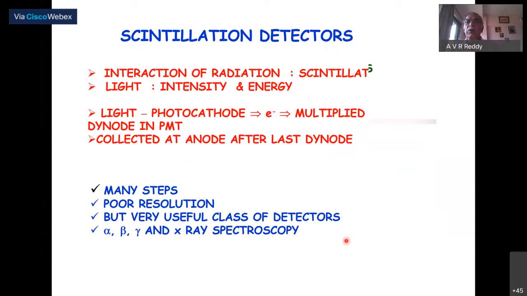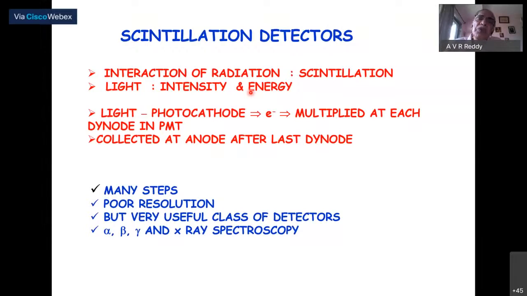Okay, so this is what I explained. Interaction of radiation creates scintillations, and that light intensity gives information on both the energy and the intensity. The energy is related to the number of photons that are produced, and intensity is how many such events are taking place.